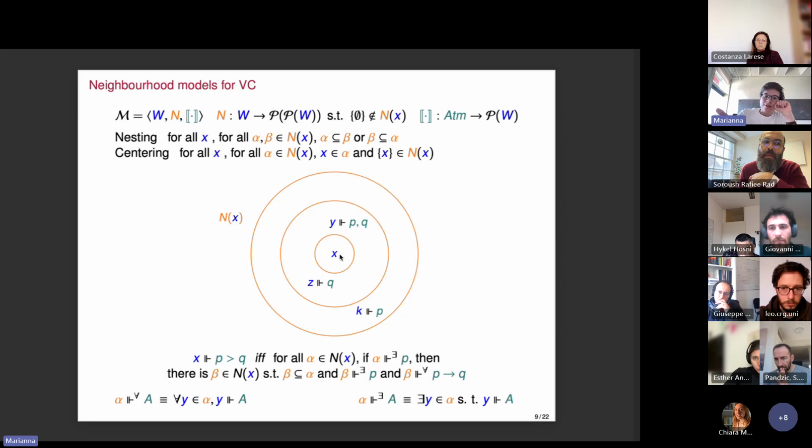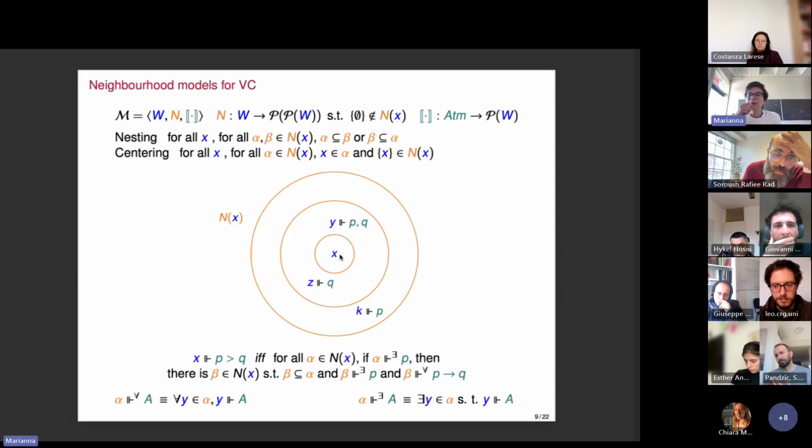So P is not true at X. What I do is I look at the closest world where P is true, and I check that Q, the consequent, also holds there. That's the general intuition. I have to evaluate a counterfactual. I cannot evaluate it at the actual world. I will go to the closest, more similar world where the antecedent holds, and I will check whether the consequent holds. Question, yes?